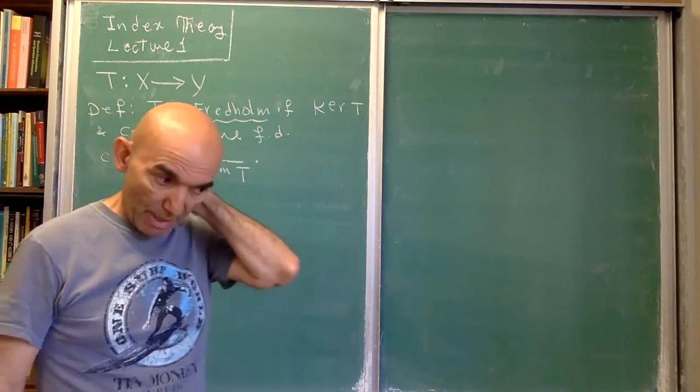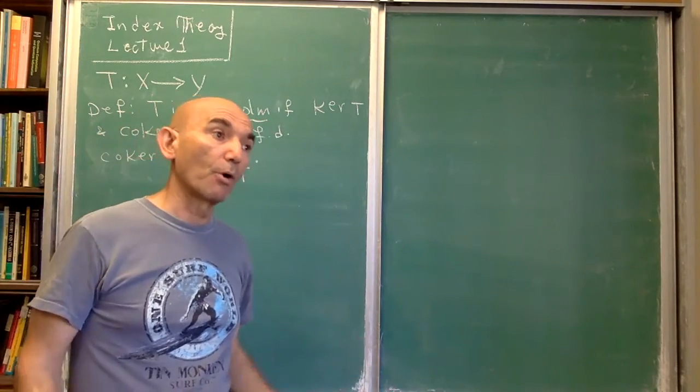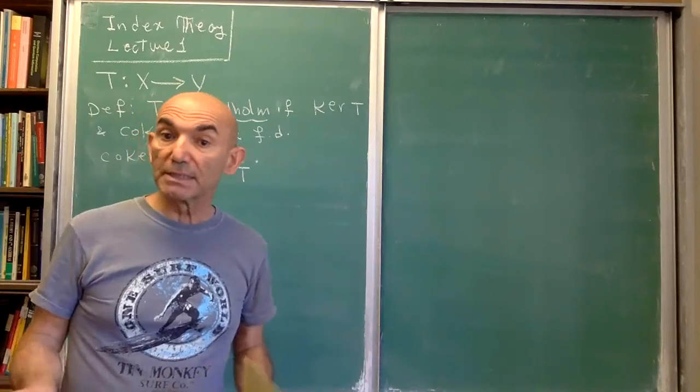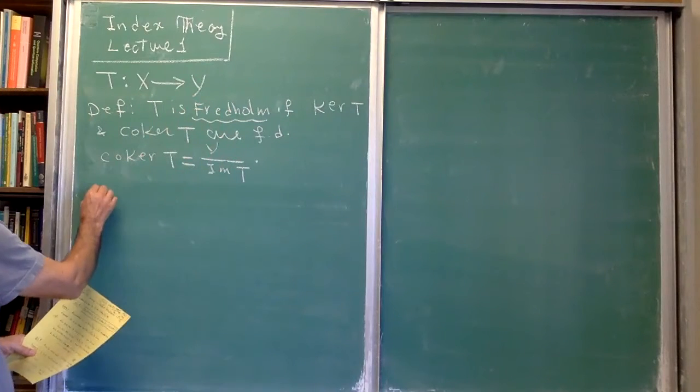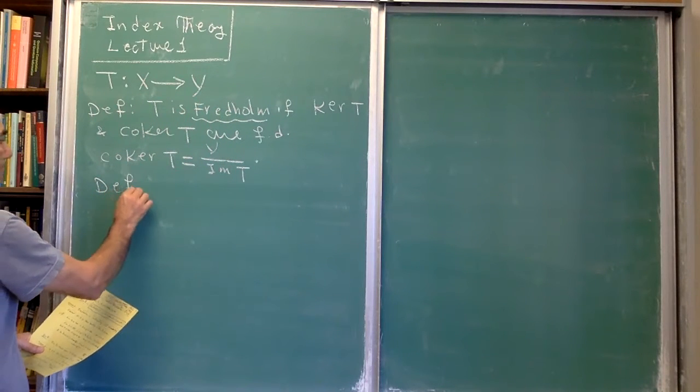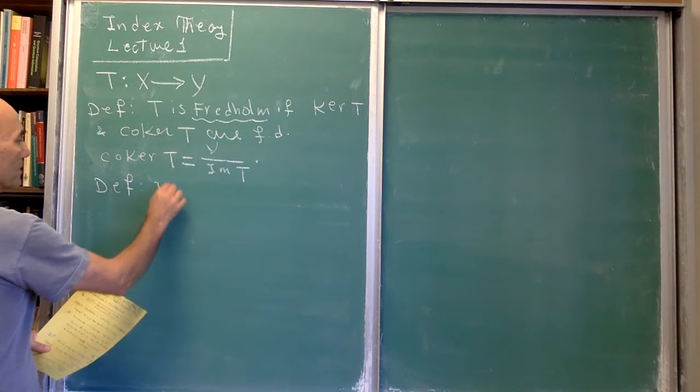So when you have a Fredholm operator, then you can define its index. T is Fredholm.